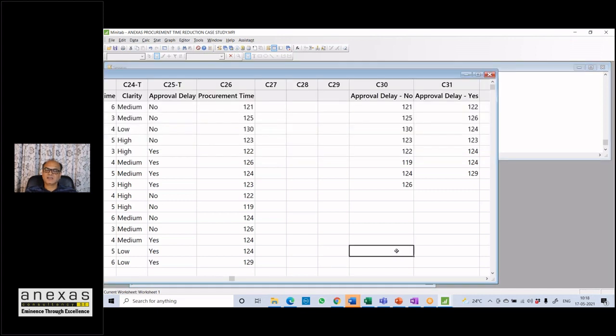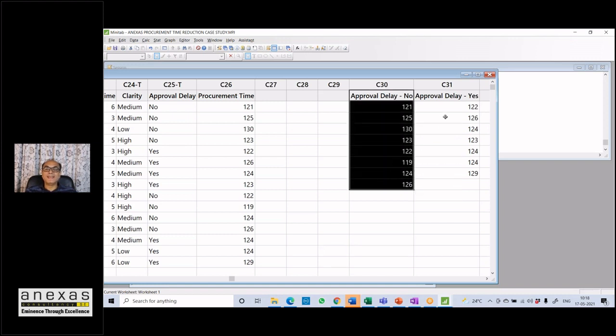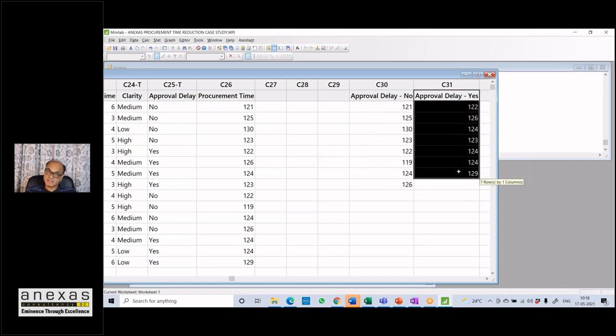It is high. You'll be 29% wrong if you say that approval delay no is less than approval delay yes. So there is no difference between the procurement time, whether the approval is delayed or not. Approval delay is not the root cause. Okay. So this is how we make our conclusions.